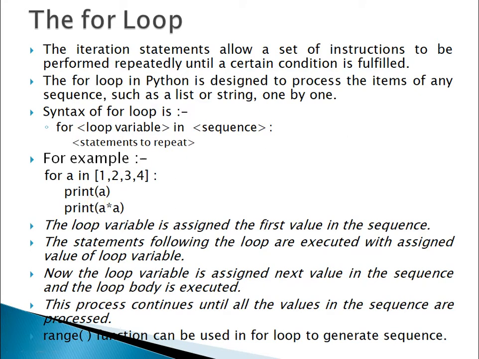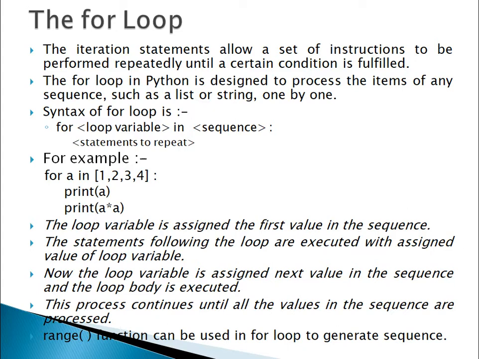So in this for loop, the loop variable is assigned the first value in the sequence at the beginning. Then the statements following the loop are executed with the assigned value of the loop variable. Clear? Now the loop variable is assigned the next value in the sequence and the loop body is executed again.